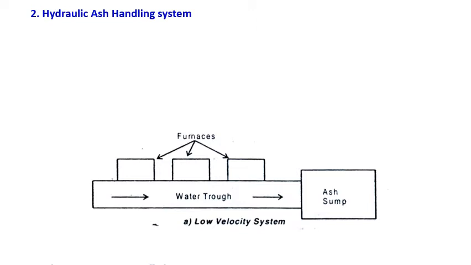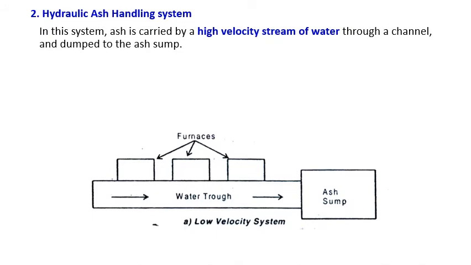Let us see the next one, the hydraulic ash handling system, where I am using water and mixing it in the form of slurry. In this system, ash is carried at high velocity because I am using water, surely up to 10 meters per second.